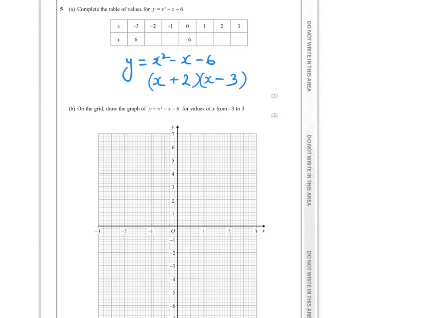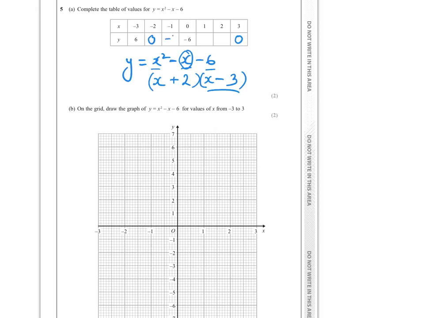So I know that when x is negative 2, we're going to have 0, and when x is 3, we're also going to have 0. But if you don't like that, you can just put on your calculator the values in here. Just be careful that when you square a negative, it's always positive, and when you're taking away a negative, that becomes positive as well.